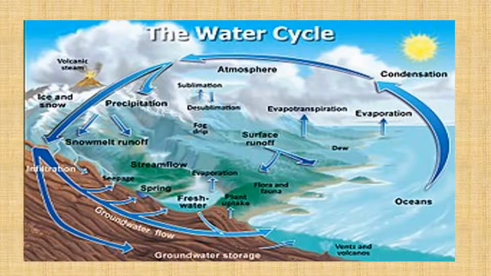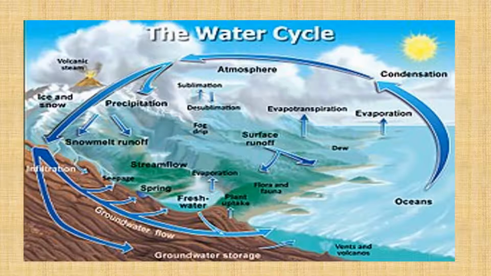When the winds blow, they move towards lands. Then they come down as rainfall. Rainfall is one of the forms of precipitation. As we learned earlier, precipitation includes snowfall, sleet, hailstones in addition to rainfall.